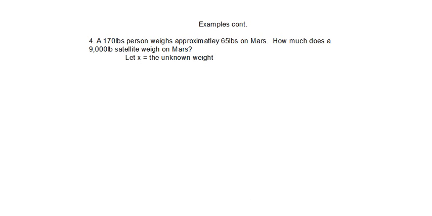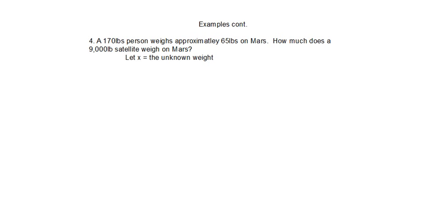Let's move on to the next example. Here it reads that a 170-pound person weighs approximately 65 pounds on Mars. How much does a 9,000-pound satellite weigh on Mars? So we're going to let x equal the unknown weight.